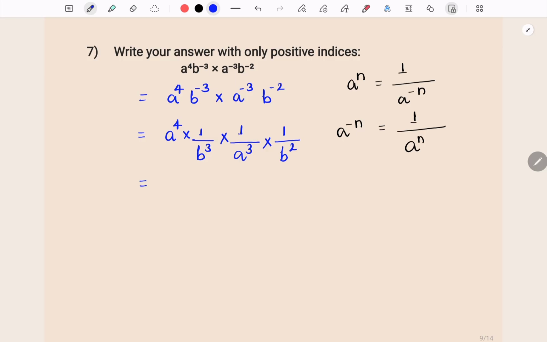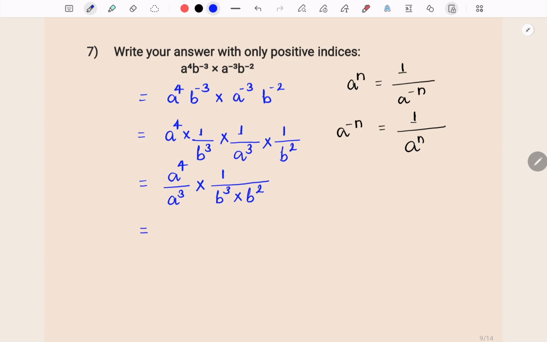Now, let me put all the a terms together. We have a raised to the power 4 divided by a raised to the power 3, and then we have 1 over b cubed multiplied by b squared.